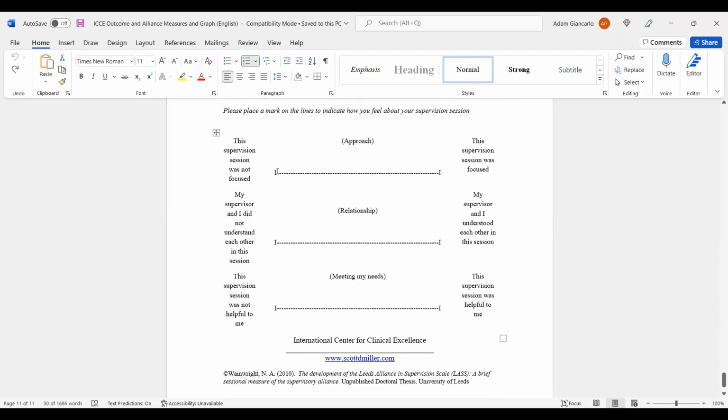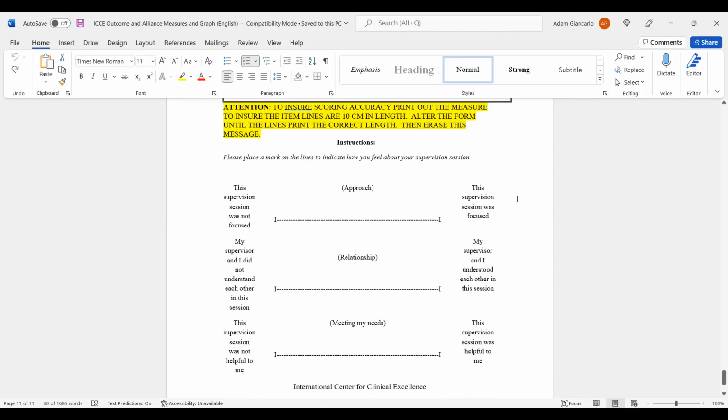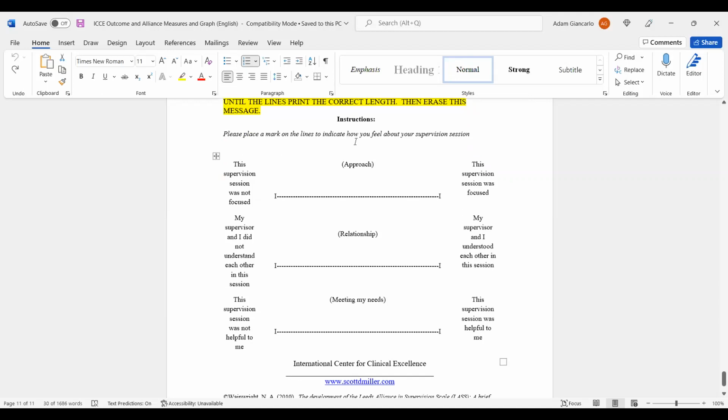So it's the same idea as far as the 10 centimeter 0 to 10 point system and everything as the other scales, but it's for supervision. We're going to talk more about that in the 4th training, because it will be focusing on supervision and clinical development, so in different contexts. We'll get back to that.